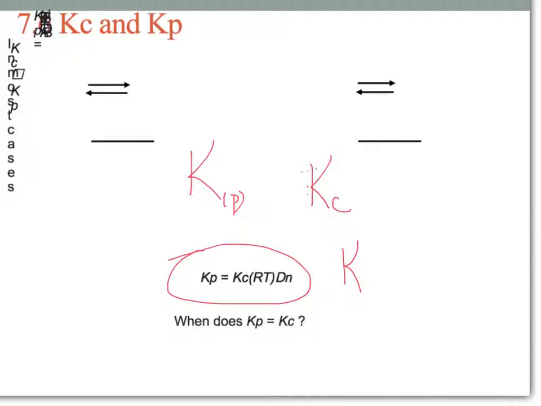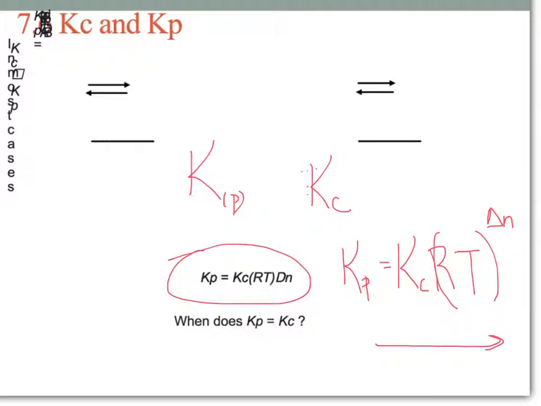So the relationship is that the equilibrium constant expressed in terms of pressure is equal to the equilibrium constant expressed in terms of concentration times RT to the delta n. And delta n is the change in the number of moles of gas from the product side to the reactant side. So number of gas moles of products minus number of moles of gas from the reactant side.